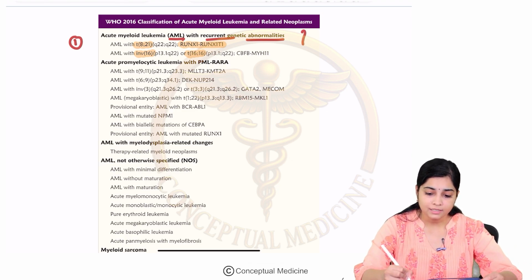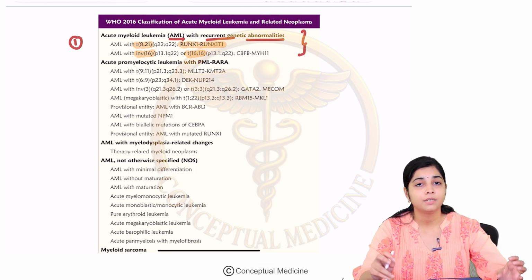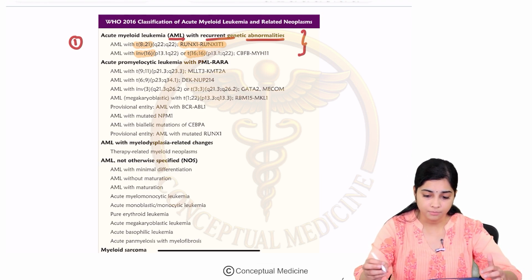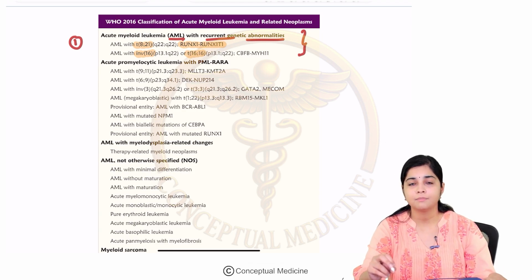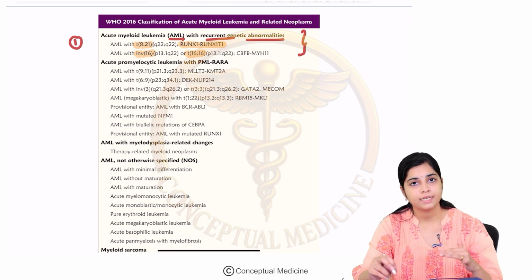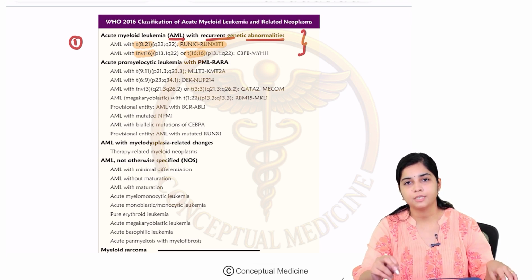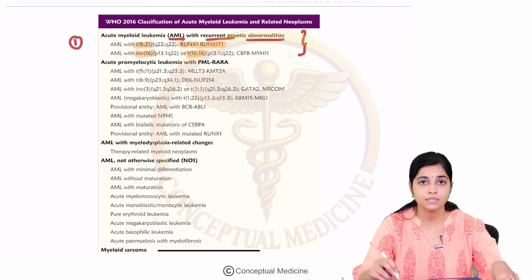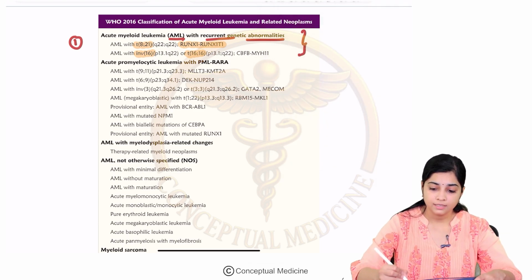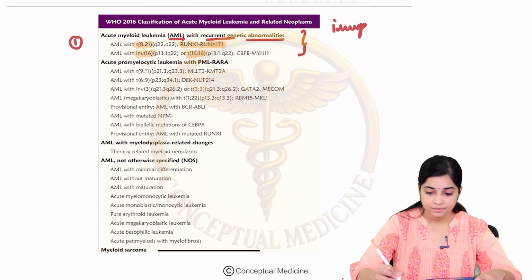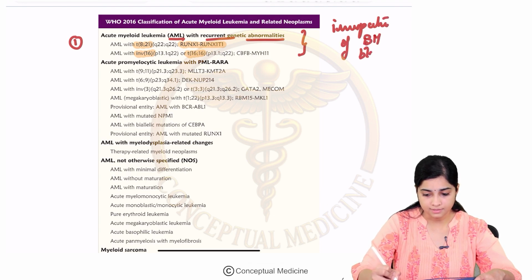Okay, now why is this particular entity, AML with recurrent genetic abnormalities, important? Because if there is a patient you have found has AML and you find that he has any of these translocations when you do a cytogenetic study, translocation 8;21 or inversion 16 or 16;16, then this basically means that this patient can be classified as AML irrespective of the bone marrow blast percentage.